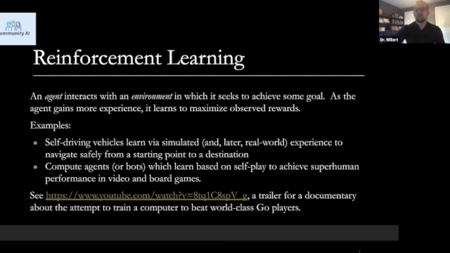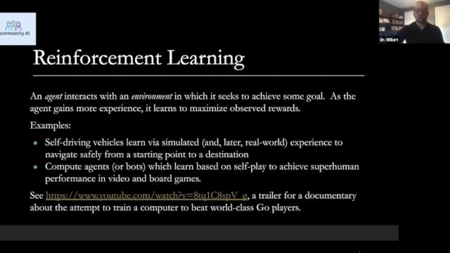Finally, we have reinforcement learning. This is a really cool application of machine learning that I've mentioned is growing in popularity every day. So in reinforcement learning, we have an agent. You can think of this as some kind of computer bot that interacts with an environment in which it seeks to achieve some goal.